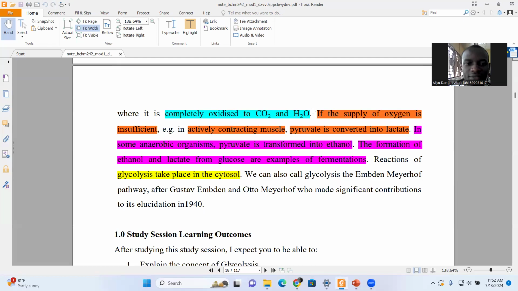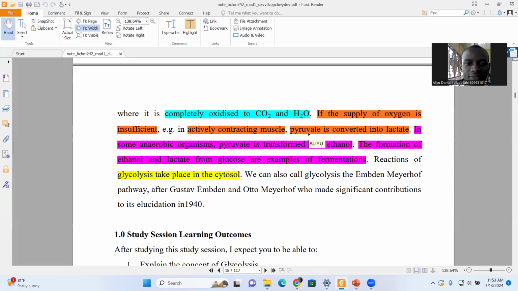So if the supply of oxygen is not sufficient, the body will have to manage this with an optimization. In the absence of oxygen, is the process supposed to stop? No, it shouldn't. So the body will, like the muscles, for example, in a sporting condition, when you're running, if you're an athlete, you run, and you don't have adequate oxygen, the pyruvate from the glycolytic pathway is converted to lactate.